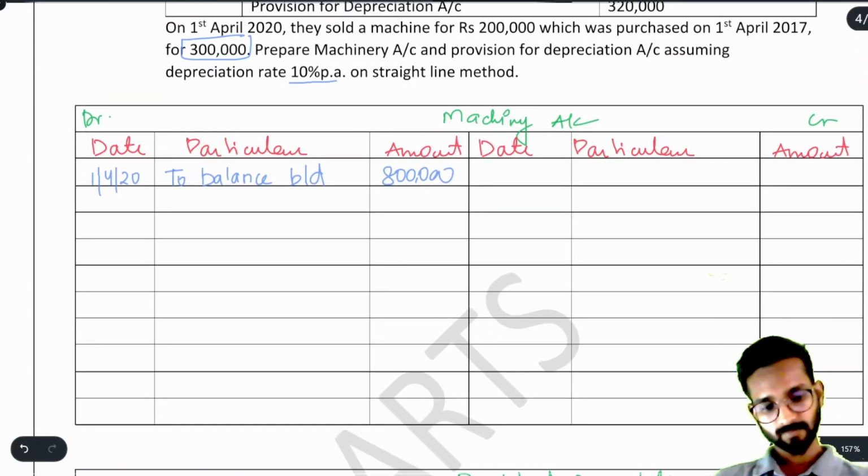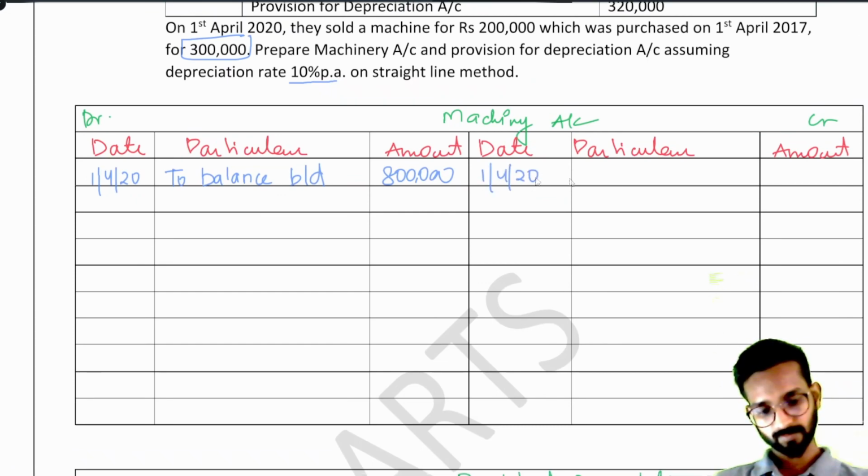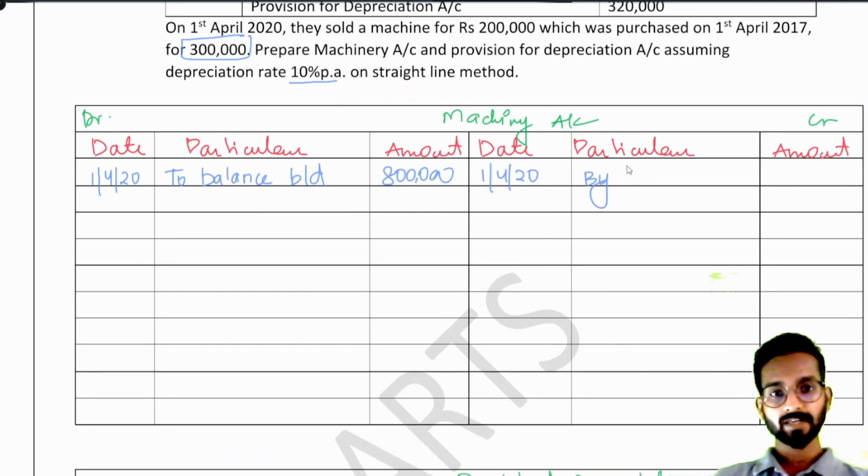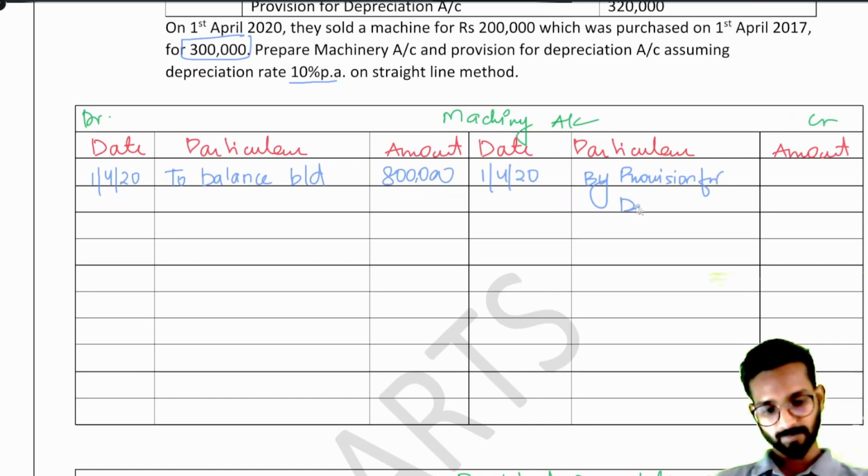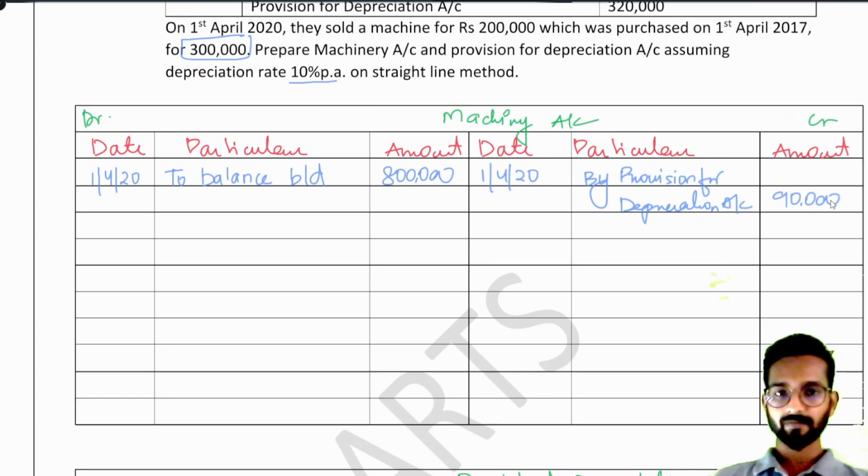So 1/4/2020 by provision for depreciation account, that is 90,000. Simple, very easy.